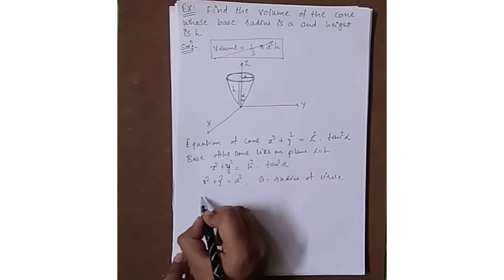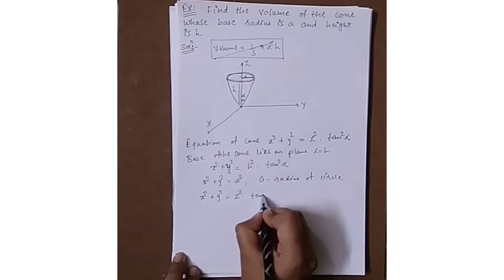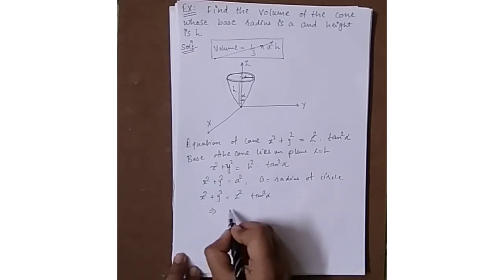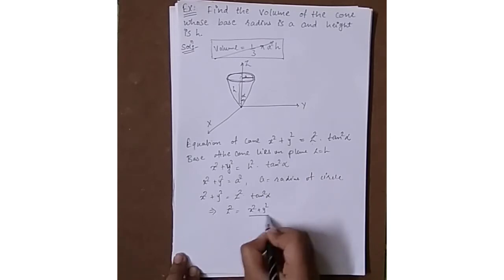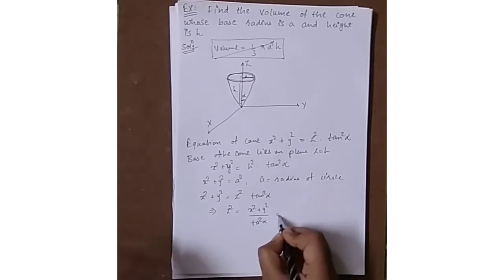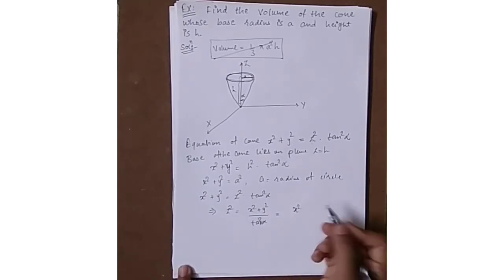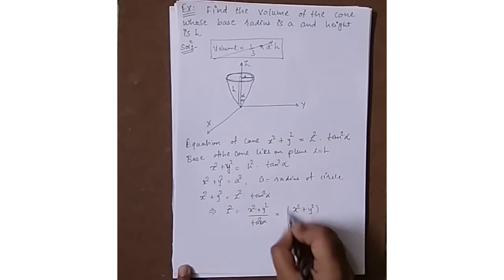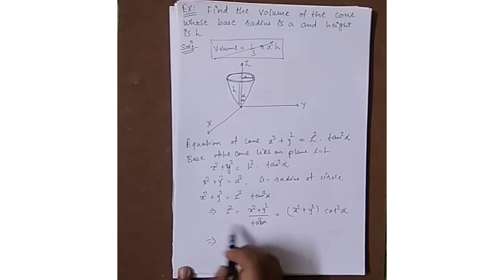So if I have x square plus y square is equal to z square into tan square alpha, so it implies that z square is equal to x square plus y square upon tan square alpha, but 1 upon tan square alpha is cot square alpha, so it is equal to x square plus y square into cot square alpha, and I remove the square, so I apply the square root.